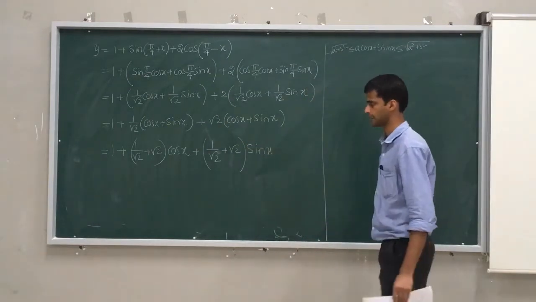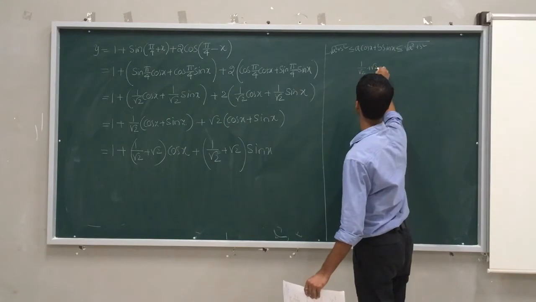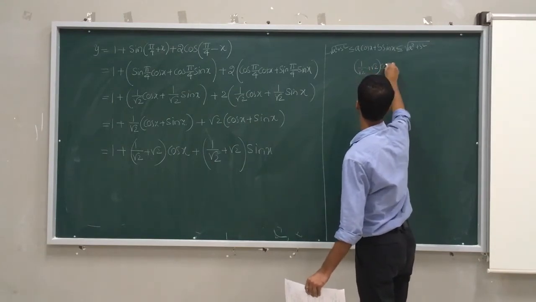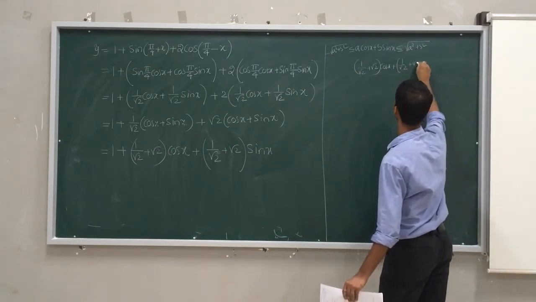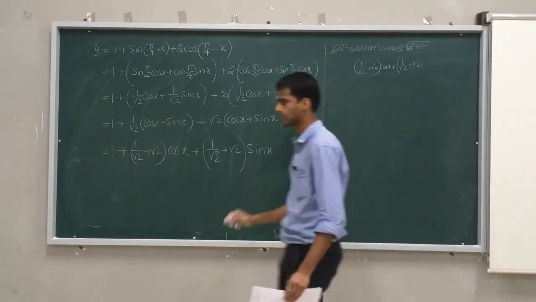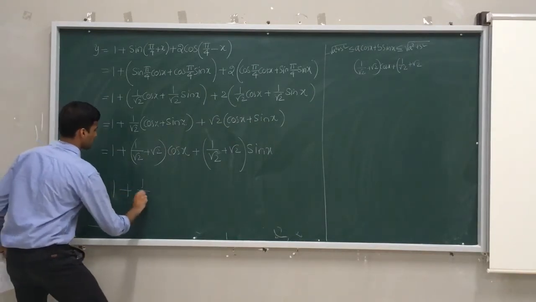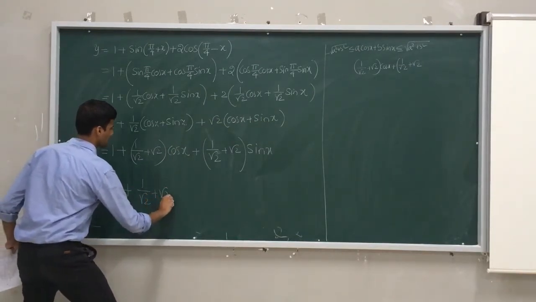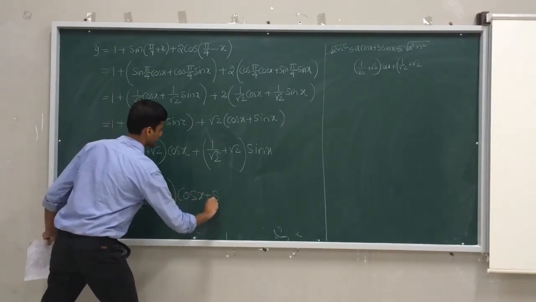If I consider this, that is 1 by root 2 plus root 2 times cos x plus 1 by root 2 plus root 2 times sin x, one more way I can write it is y equal to 1 plus 1 by root 2 plus root 2 times cos x plus sin x.